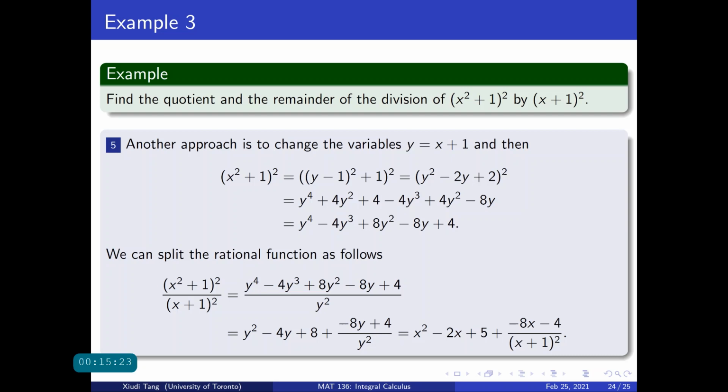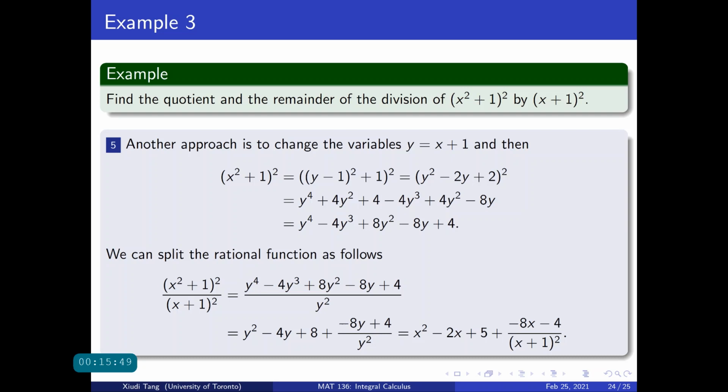Since the denominator is a monomial, you can easily find the polynomial part, y squared minus 4y plus 8, and the rest is the lower degree part, minus 8y plus 4 divided by y squared. If you change the variables back, you get in terms of x the same result as the first approach.